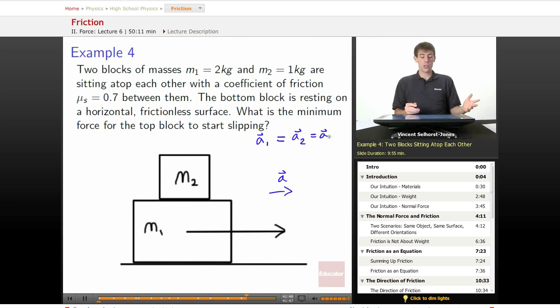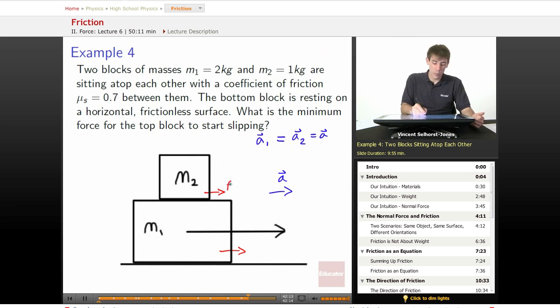All right, what else do we know about this? What keeps block 2 on top of block 1? Well, there are no external forces on it. The only force keeping it there is the force of friction. M1 is moving this way, so for them to stay attached, static friction wants them to stay in place. M2's friction is going to pull this way.